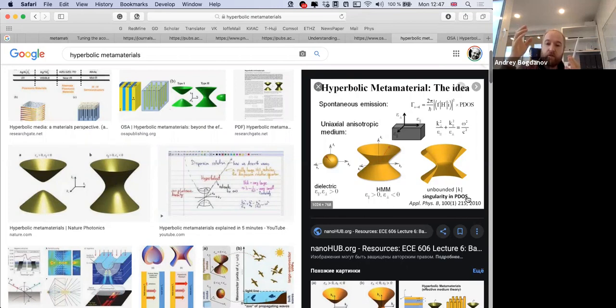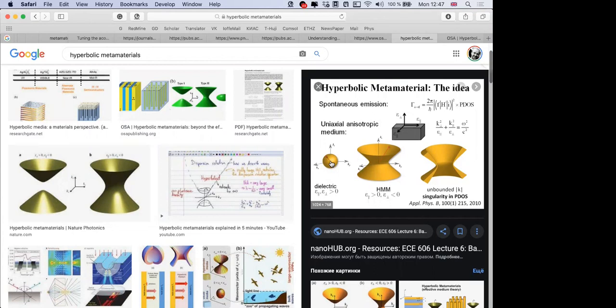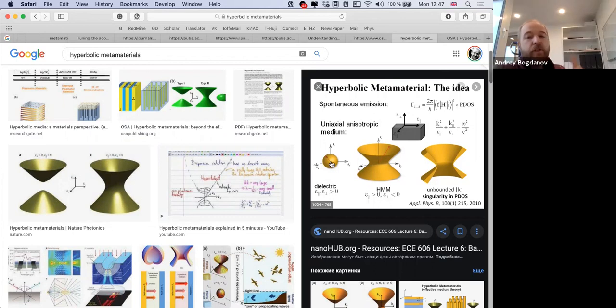In vacuum, all possible states for photons in free space are described by a sphere in momentum space. And the radiation rate for the dipole is proportional to the density of states.